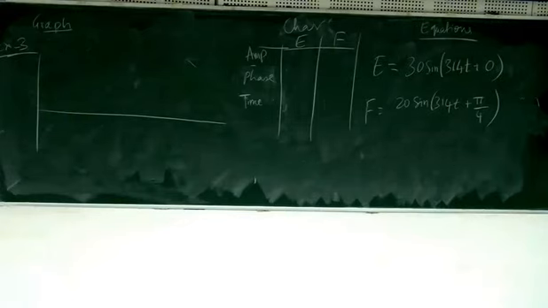So let's see. What is on the x-axis? In what units? Seconds? See, in this case, you can tell what is the unit of time in the case of the equation.